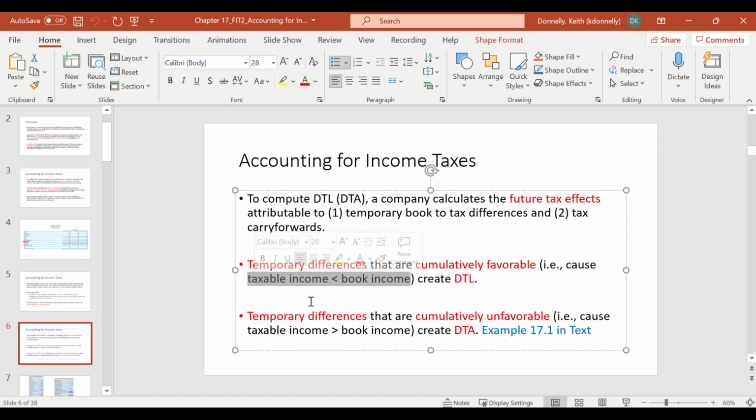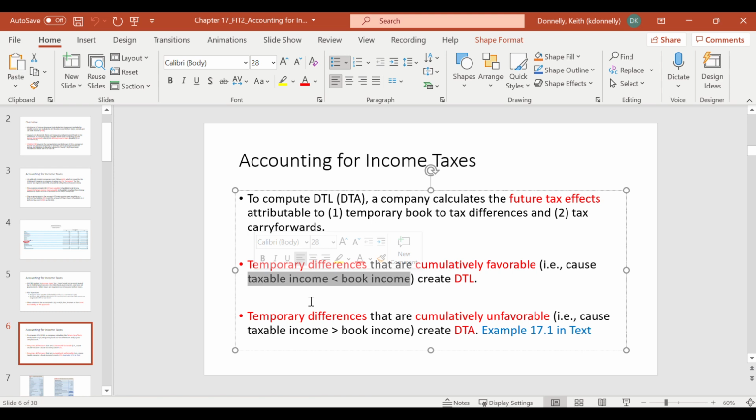We have way more expense because we're fully depreciating $100 on our tax return than we will have on our books and records. However, remember when we talked about book to tax differences, how these reverse over time.